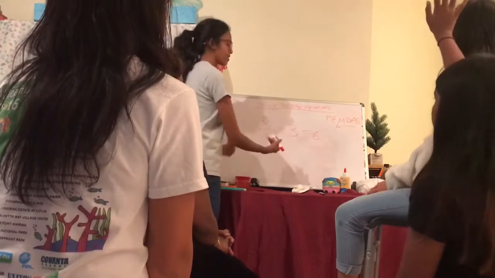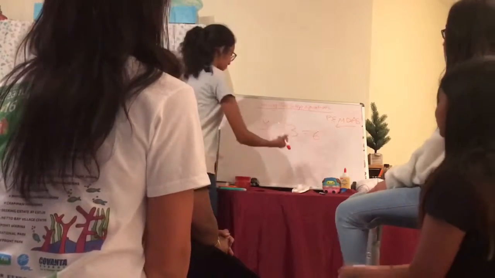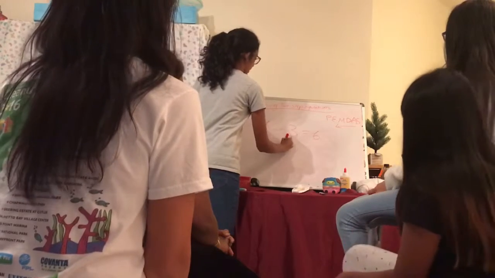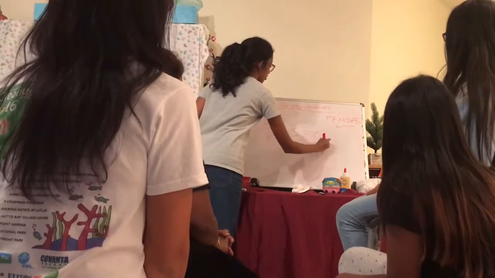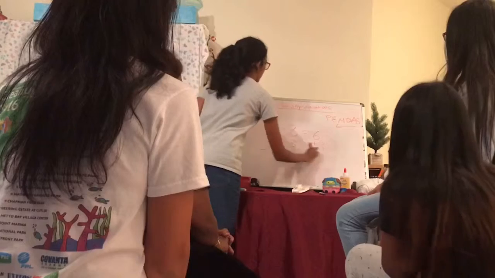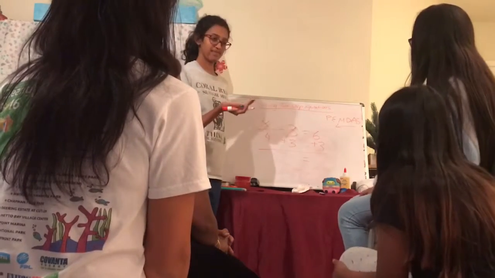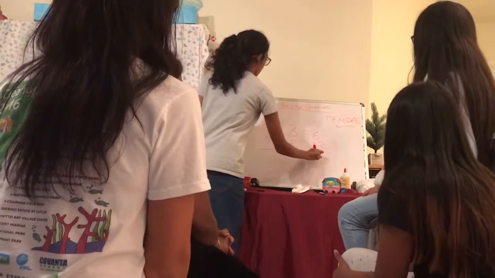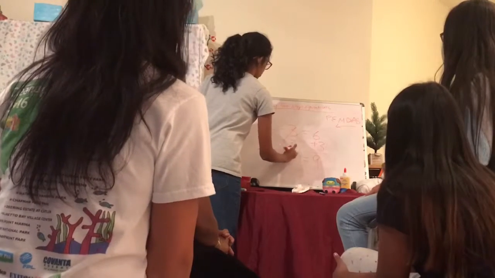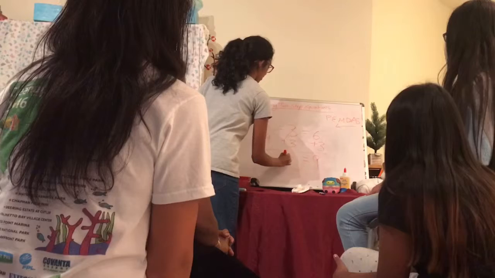We undo the subtraction with addition. So we start by adding 3 to both sides, since whatever you do to one side, you do to the other. So now we got 6 plus 3, which is 9. So we get 9 is equal to x over 4.